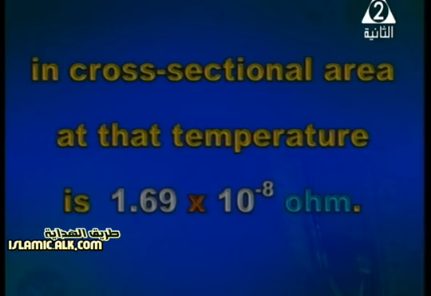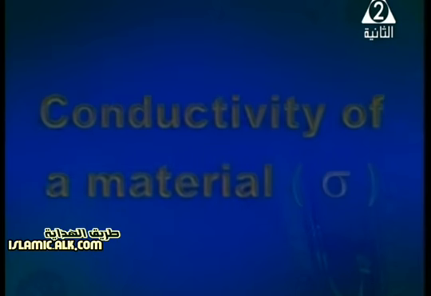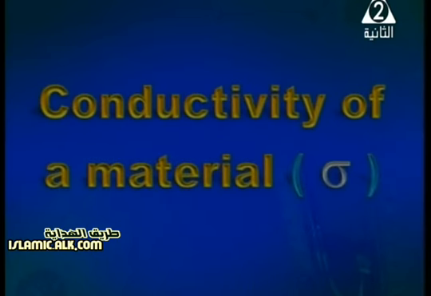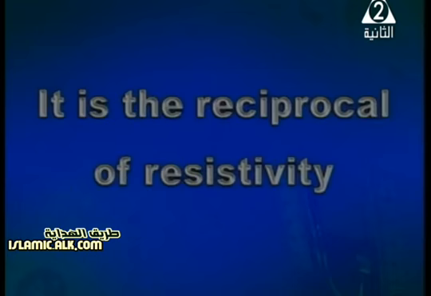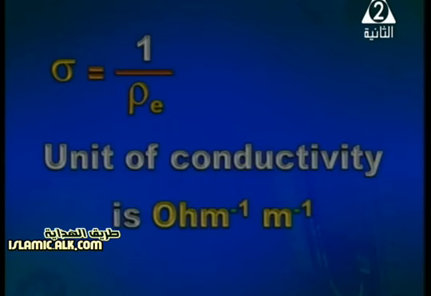Resistivity of a material, as I said, depends on the kind of material and temperature. And now we've got another question, what's meant by conductivity of silver at a given temperature is equal to 6.173 times 10 to the power of 7 ohm negative 1 meter negative 1? It's all easy. All you have to do is convert it into resistivity.